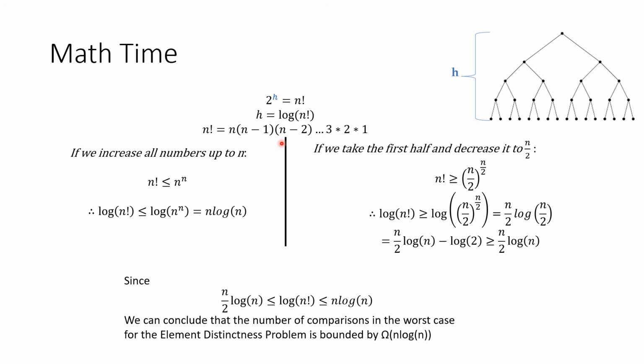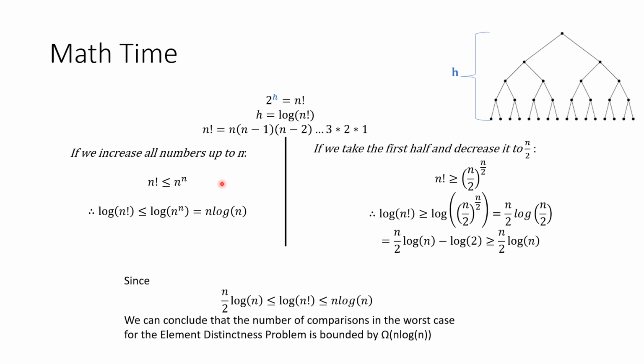If we expand n factorial, we'll end up with n times n minus 1 times n minus 2 all the way to 1. So if we grab each element in this multiplication and increase it to n, then we will say that n factorial is less than or equal to n to the n.